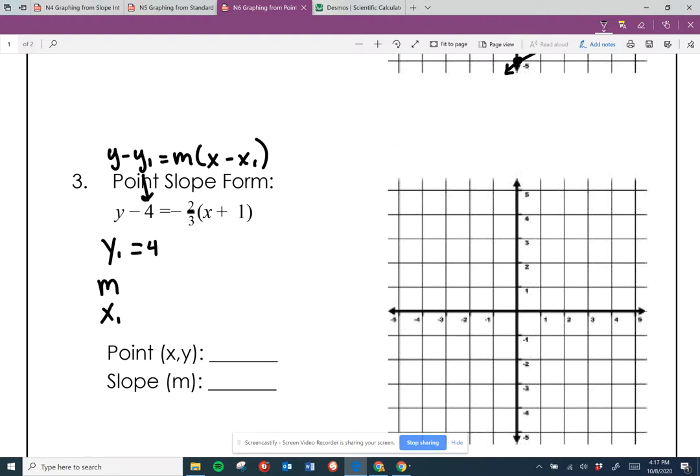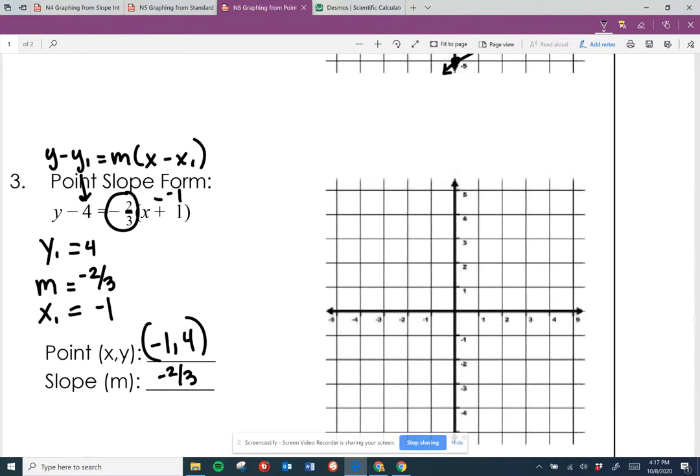My slope is going to be negative 2/3. And then for my x1, I do have a plus, so that means that they substituted that minus negative 1. So my x value is going to be negative 1. Okay, that puts my point at negative 1, 4 and my slope at negative 2/3.